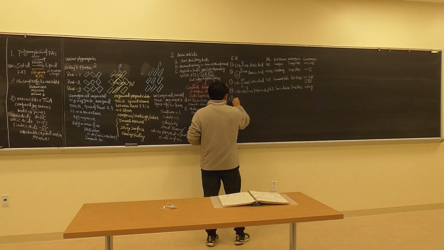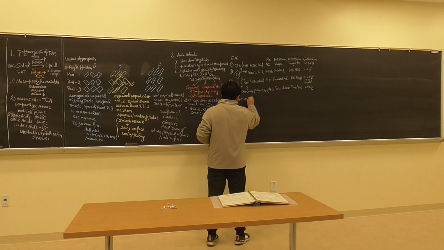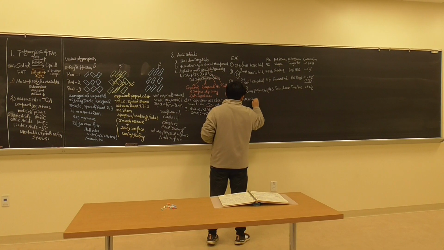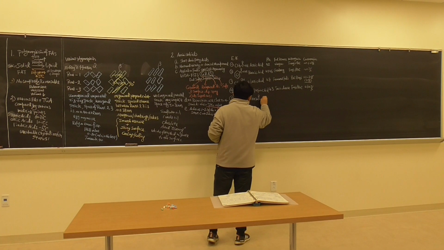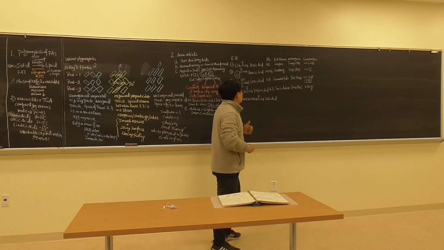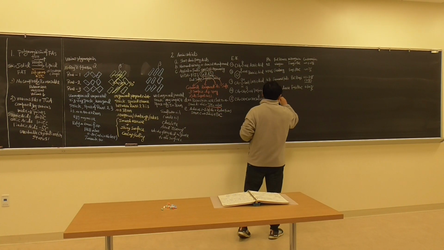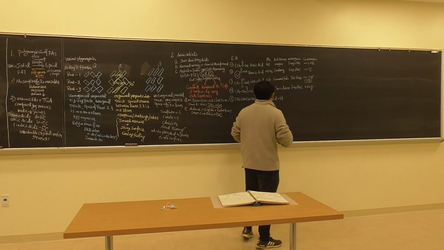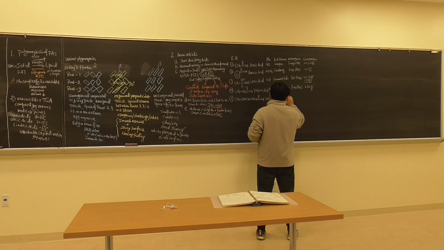Last one, this one CH3, CH has double bonds, and then COOH. That's sorbic acid. Sorbic acid is a very old one. Its pKa value is somewhat close to 5, but originally still 4.8. Okay, where it comes from? Berries.